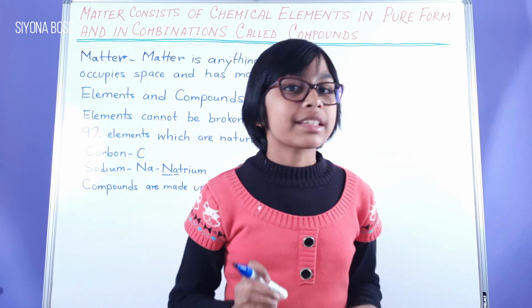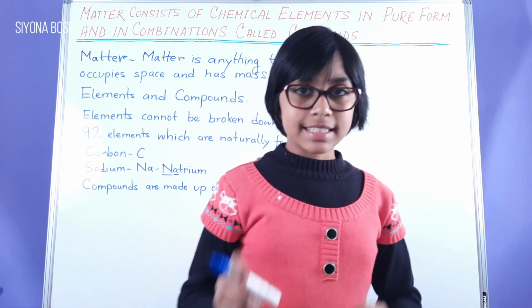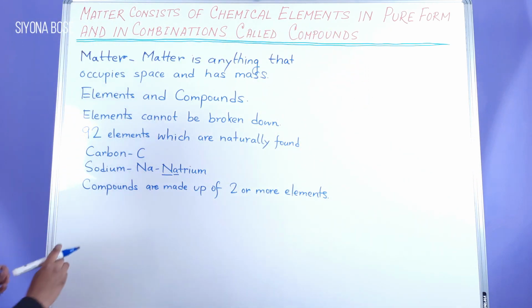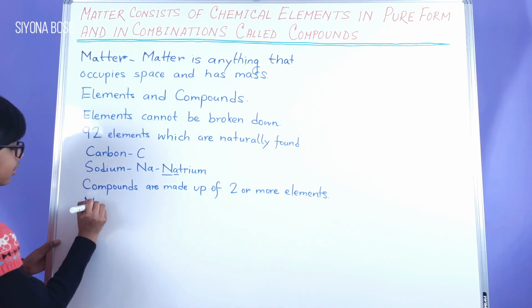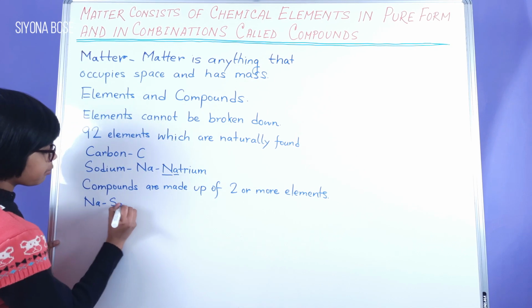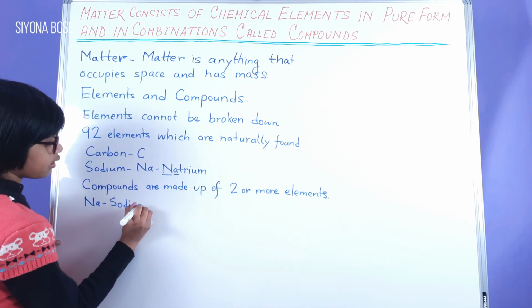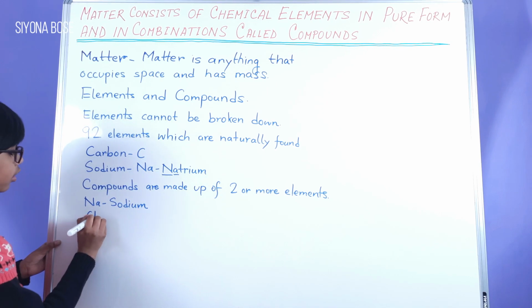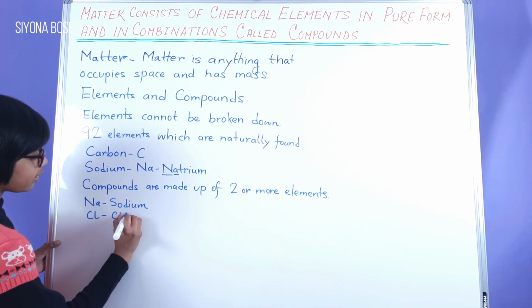One very common example is common salt, NaCl, that is made up of Na, that is sodium, and Cl, that is chlorine.